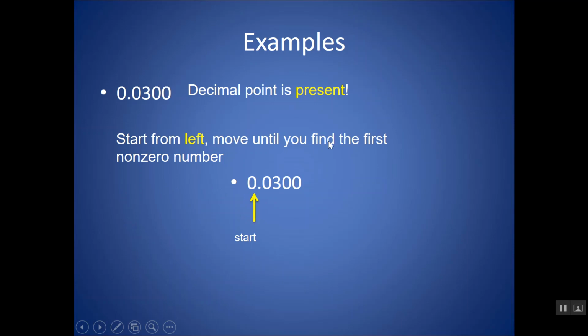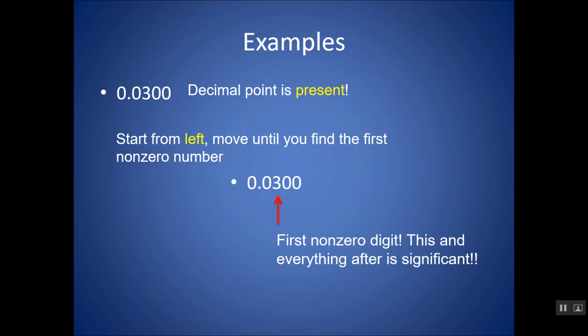It's a 0. Keep going. I want to move until I find my first non-zero. Here's my second digit. Oh, it's still a 0. Keep moving. Oh, there's my first non-zero digit approached from the left. Now, this number and everything after it, whether it's a 0 or not, is significant. So there's 1, 2, 3 significant figures. I'm only approaching it from the left because the decimal point's present, Pacific.